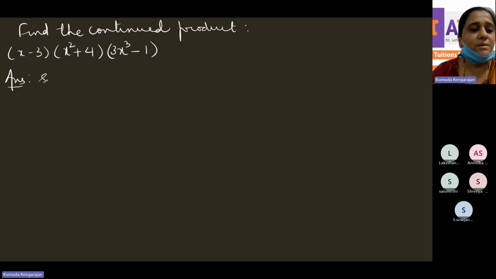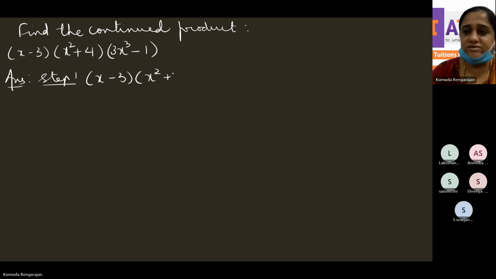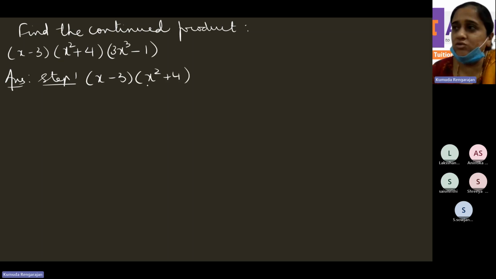Step one, we're going to find x minus 3 into x squared plus 4 first. This is a binomial, and this one is also a binomial. We'll have to first find the product of these two binomials.